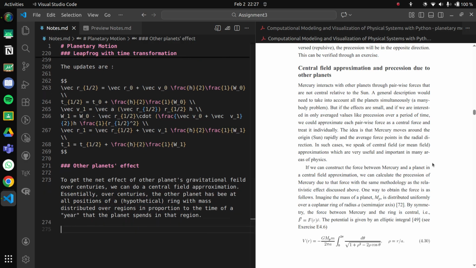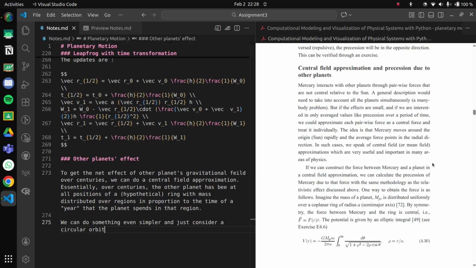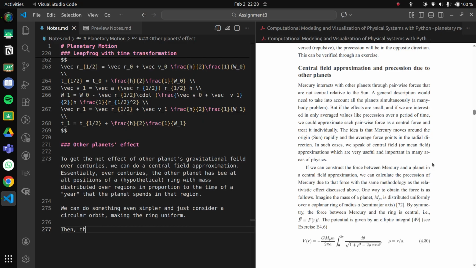Right? I guess that is the thing. We can do something even simpler, and just consider a circular orbit. Making the ring uniform. Then the gravitational force, the relativistic, by the way, relativistic gravitational force.